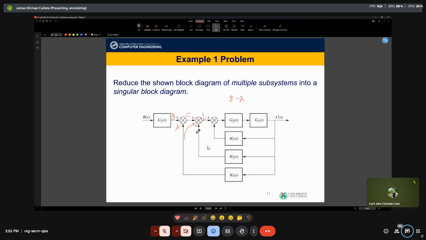Now C, E ni siya. So we take the combination of C and D is E. So kani siya plus since positive man ni ang D, is now equal to E. Ang last na to is T and U. So the last junction is the sum of the previous sums.